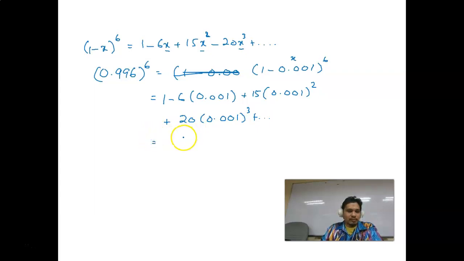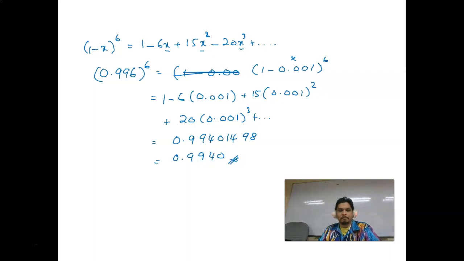So for every single this, it can give you 0.99401498, or we simplified as 0.9940. Okay.